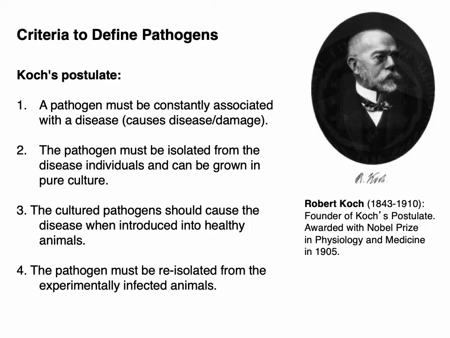And number 4, the pathogen must be re-isolated from the experimental animal. So you infect the animal, it comes down with disease, and you should be able to isolate the pathogen. So those are the 4 principles of Koch's postulate.